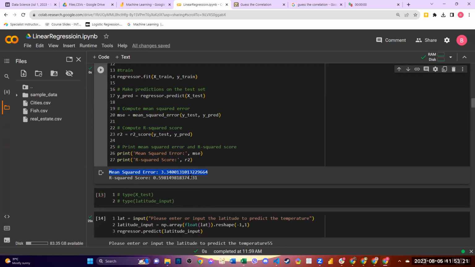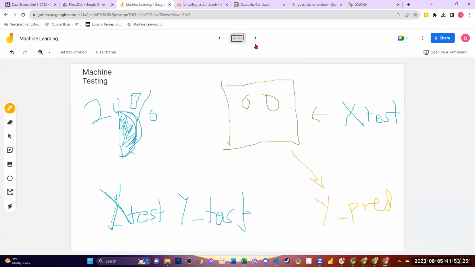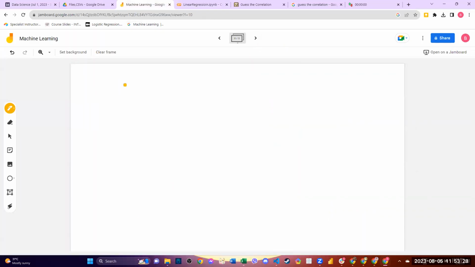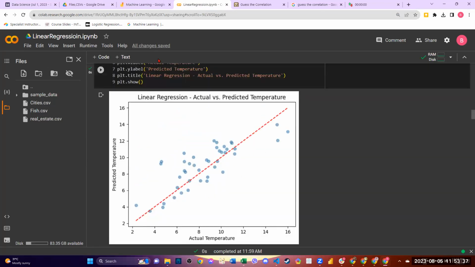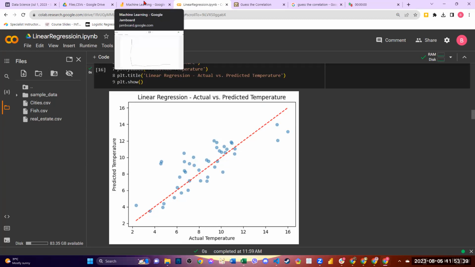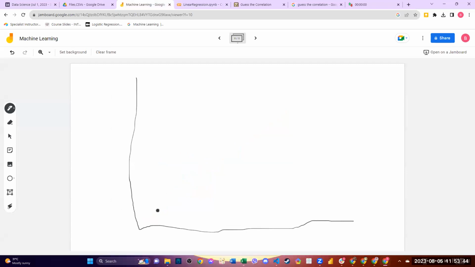What is the meaning of mean square error? The meaning of mean square error is, let's say, this is our Cartesian plane, using the Y-pred and the Y-test. It has a regression line like so. Apologies, my line is not perfect.